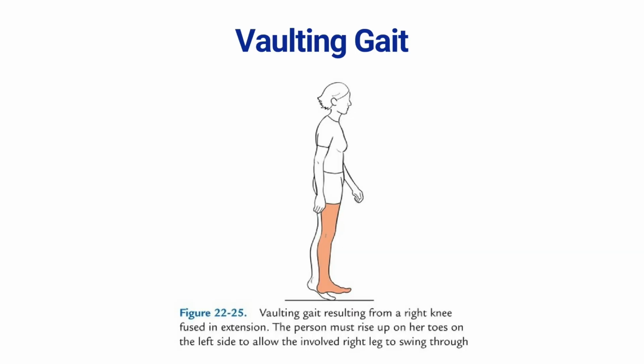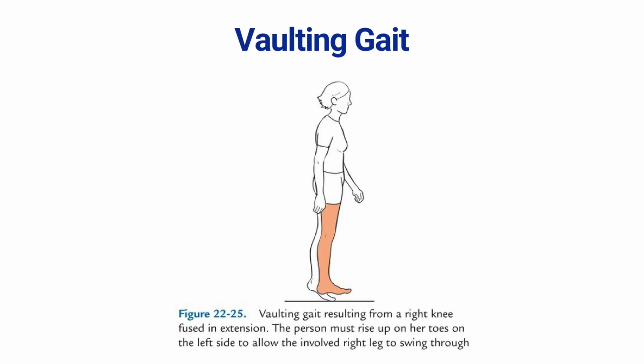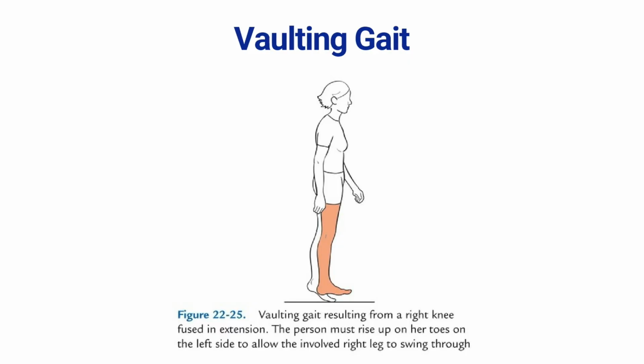And then we have ataxic gait, which is also a neurological gait deviation caused primarily by poor coordination rather than muscle weakness or abnormal muscle tone. Ataxic gait is characterized by unsteady, irregular, and poorly coordinated walking.